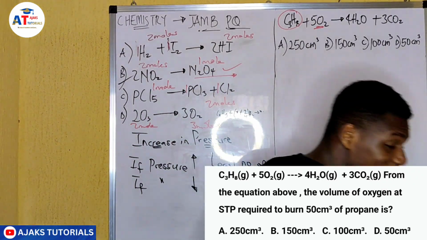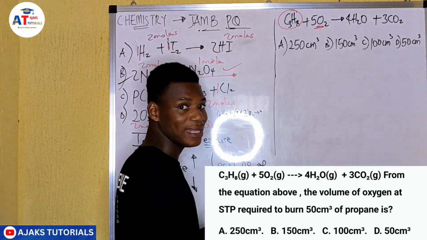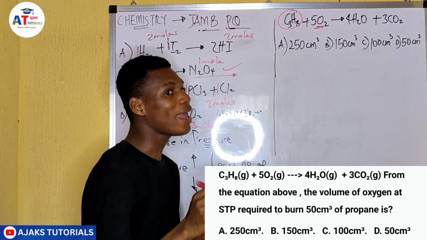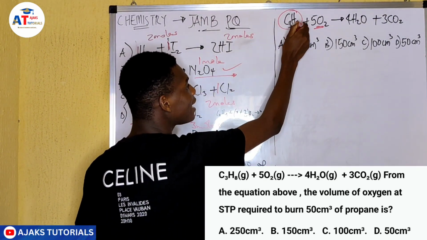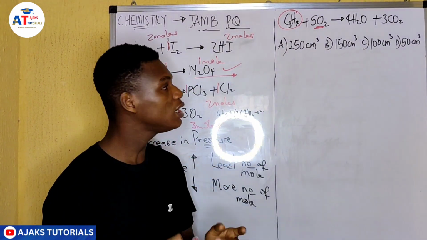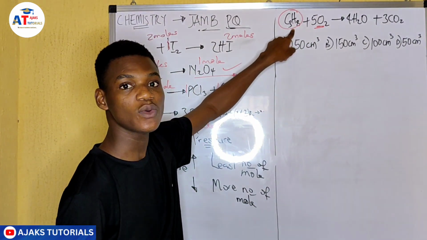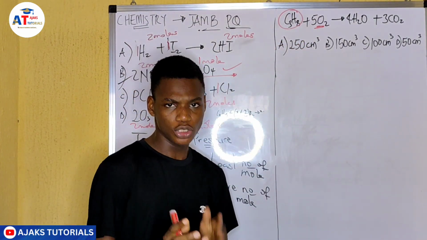What are they asking you to do? They want you to find the volume of oxygen that will be required to burn 50 centimeter cube of propane. So please, you have to take note. Our case study is oxygen and propane, and this propane, they said, is 50 centimeter cube. Do you get what I'm saying now?